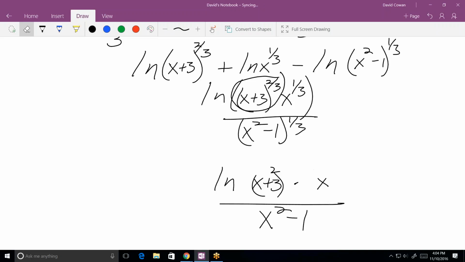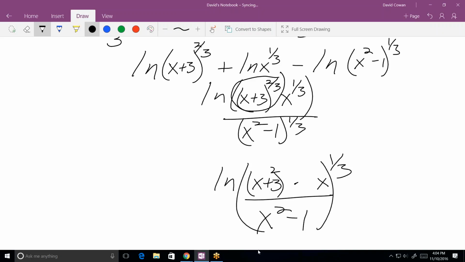Like this. It's x plus 3 squared times x all over x squared minus 1, all of that to the 1/3. That's her final answer? Yeah, except instead of 1/3, she has a root 3, the 3 and then the radical sign, which is the same as 1/3.